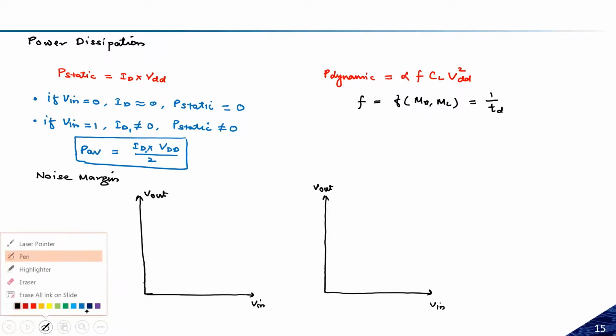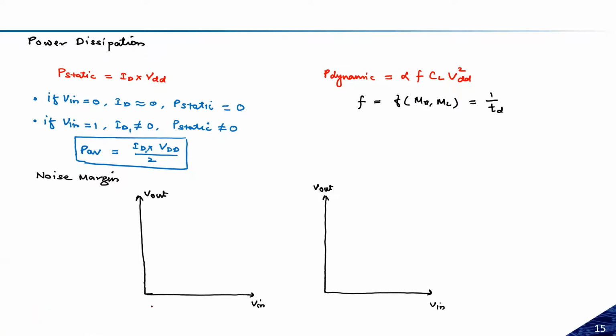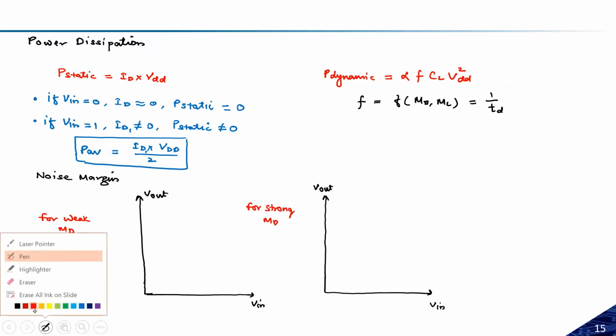Now I'm considering the first circuit for weak MD, and the second figure I'm considering for strong MD. Let us try to make the characteristics.